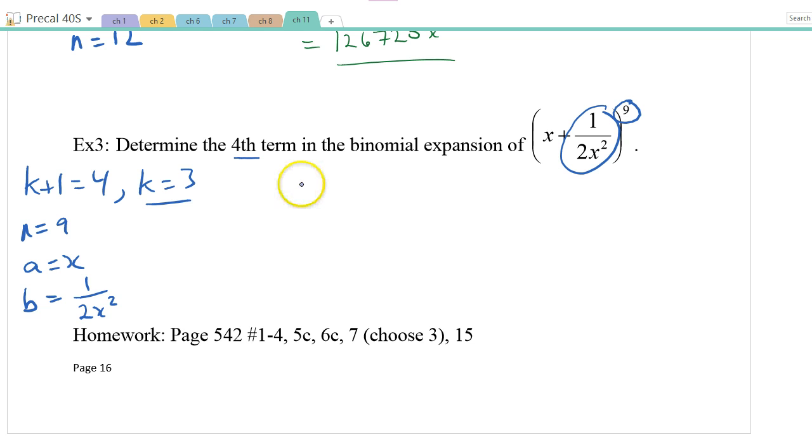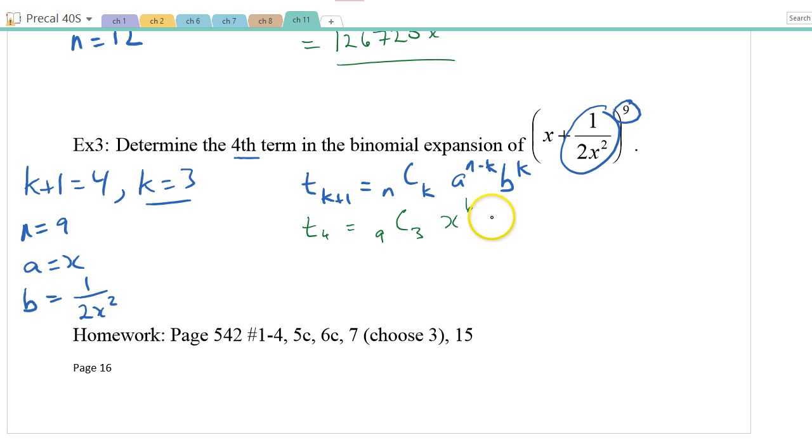Our term T of k plus 1 is equal to nck with a to the power of n minus k and b to the power of k, and again it's in your formula sheet, so it's not so crazy. Plugging this in, term 4, so that's 3 plus 1, is equal to 9c3 multiplied by x to the power of 6, and then 1 over 2x squared, all to the power of 3.